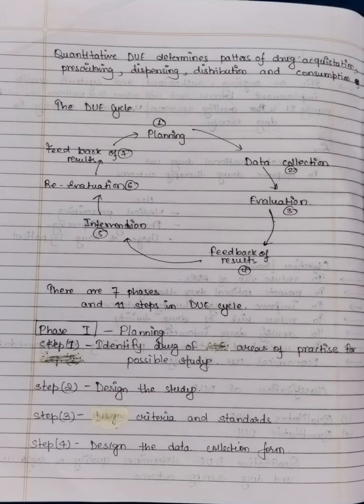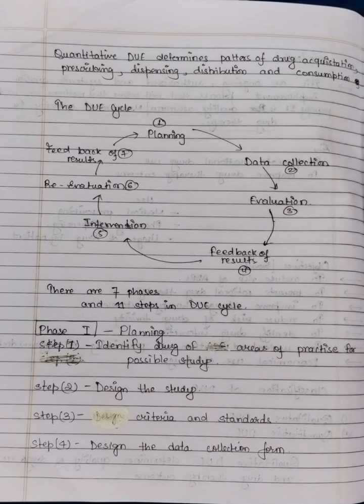This is the cycle of DUE. It is of 7 steps. First one is planning, second is data collection, third one is evaluation, then feedback of results, then intervention, then reevaluation, then feedback of the result. These are 7 phases and 11 steps in the DUE cycle.